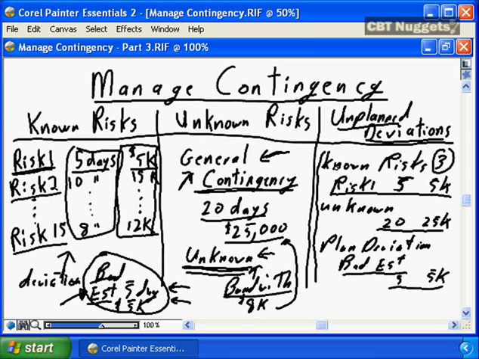But as the project delivers, you are now 75% of the way through the project, and 8 of your known risks, their date has transpired, and you have additional funds of $8,000 and 10 days. At this point in time, you have capacity to deal with unknown deviations.